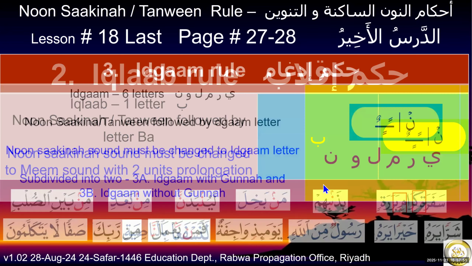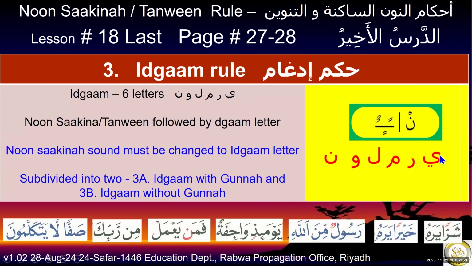But in case of idgham, we have 6 different options to change the noon sound to the following idgham letter. If tanween and noon sakina are followed by ya, the noon sound has to be changed to ya. If followed by ra, the noon sound has to be changed to ra. Similarly for all 6. When we see the examples, we can understand easily.